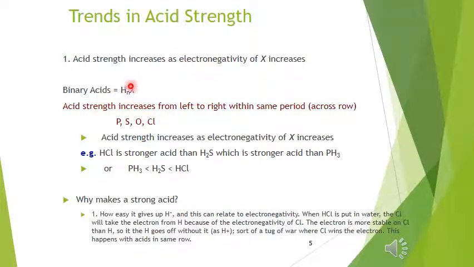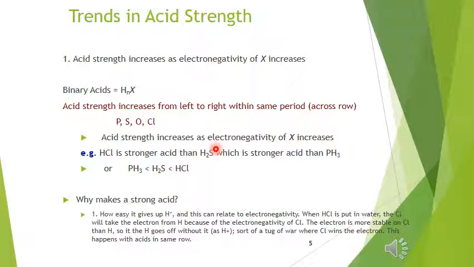So this acid here, if it's HCl, has a higher electronegativity. HCl is a stronger acid than H2S, which is stronger than PH3, and so forth. And why is that? What makes this a strong acid?